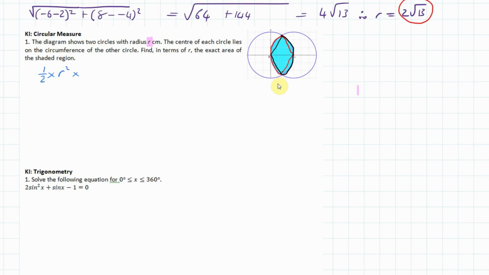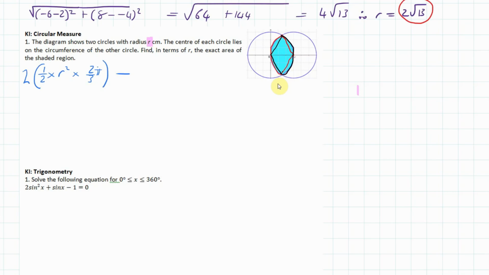Well, it's 120 degrees, so that is 2/3 pi. Remember, half r squared theta. That's the area of the red sector, and then the area of the black sector would be that again. So we times it by 2.